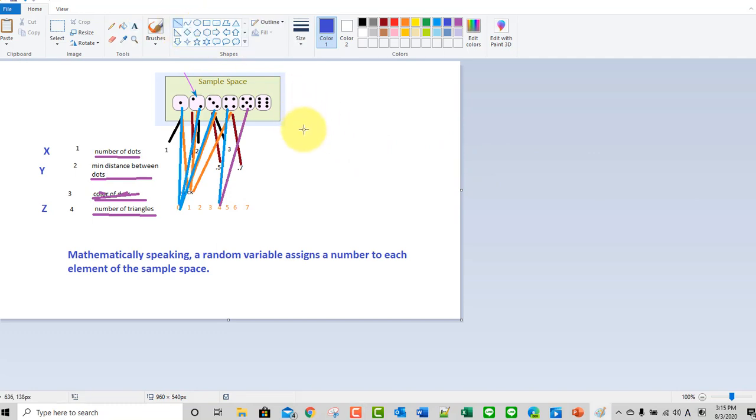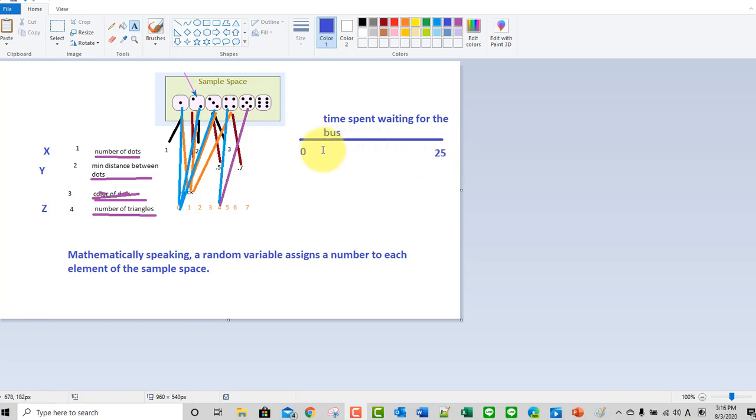So if you're talking about time, we call time a continuous variable. For example, the time spent waiting for the bus, that's a continuous variable. Basically what we mean is, let's say you could wait 0 minutes, you could wait 1 minute, 2, 3, 4, 5, 25 minutes, more than that.